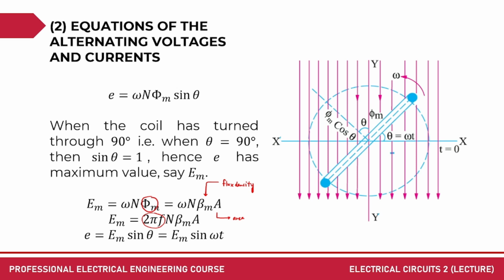If we assign that to this equation, it becomes E equals E sub m sine theta, or E sub m sine omega t.